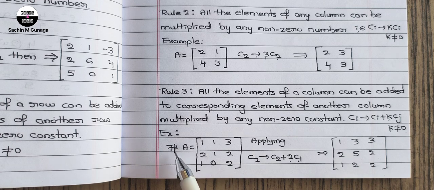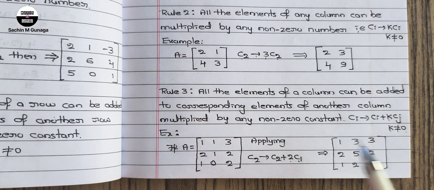For example, A is equal to, this is one given matrix, 1 1 3 first row, 2 1 2 second row, 1 0 2 third row. Here we are applying the third rule for second column. Because of that reason, first column as it is 1 2 1, last column also as it is 3 2 2.